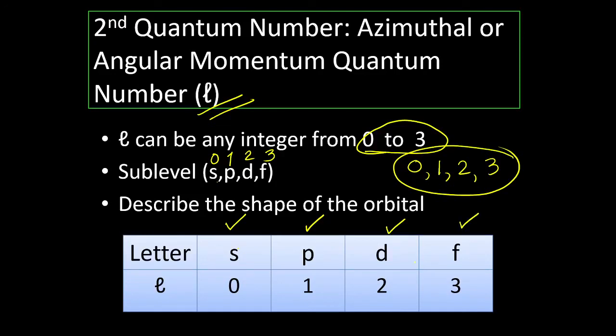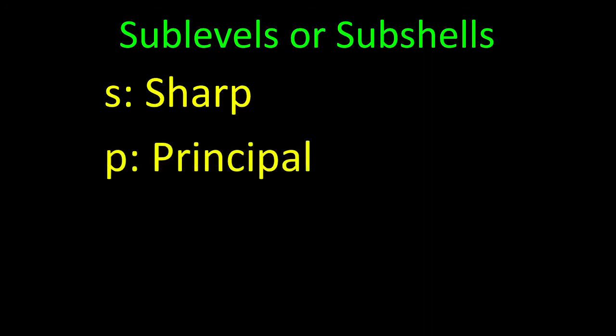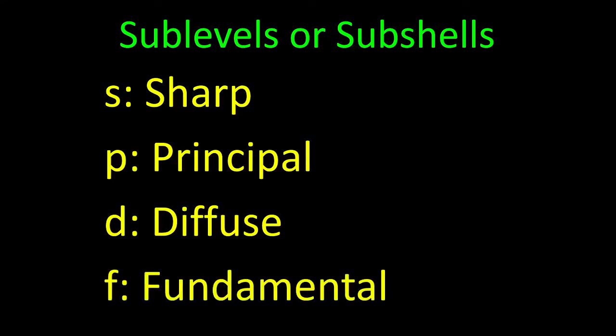We need to remember those values, kay mao ni values nato sa angular quantum number. Okay? Now, I would like to present to you the different sublevels. So take note, you already know S is sharp, P is principal, D is diffuse, F is fundamental. Those are the sublevels and the subshells.